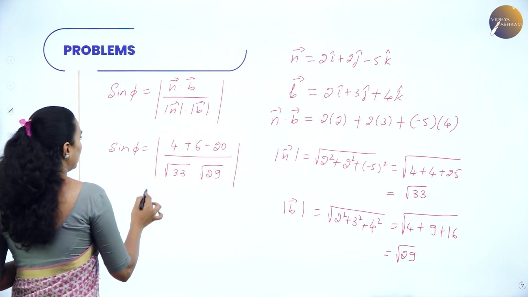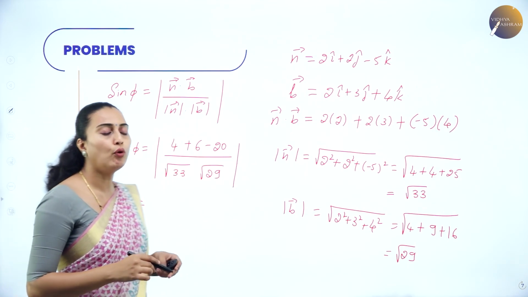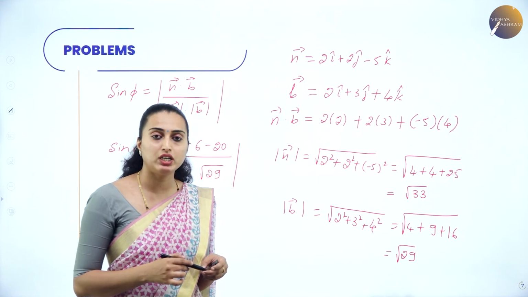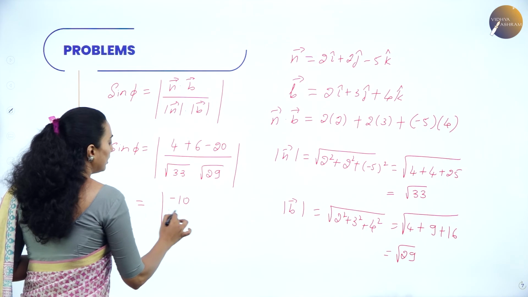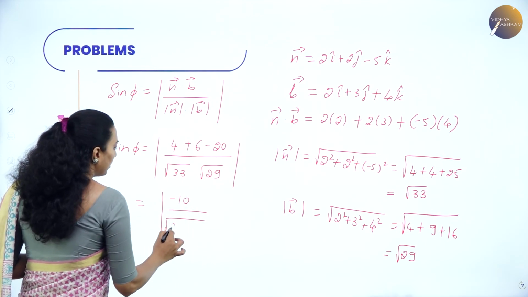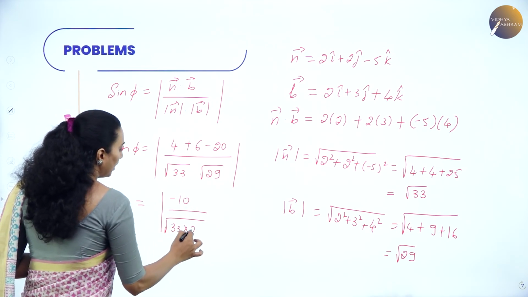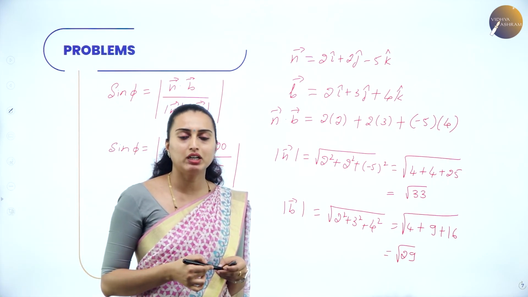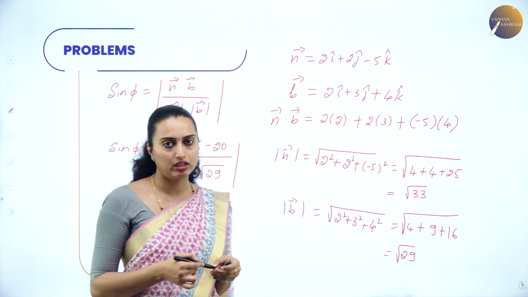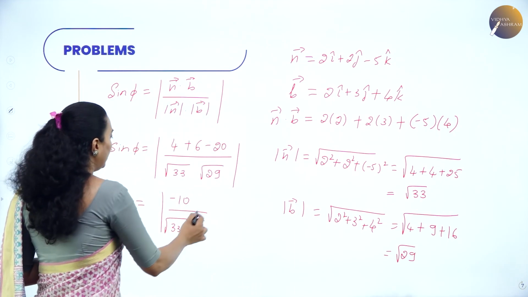You can calculate the numerator: 6 plus 4 is 10, 10 minus 20 is minus 10. So magnitude of minus 10 divided by root of 33 into 29. Why? Because root A into root B can be written as root of A into B.